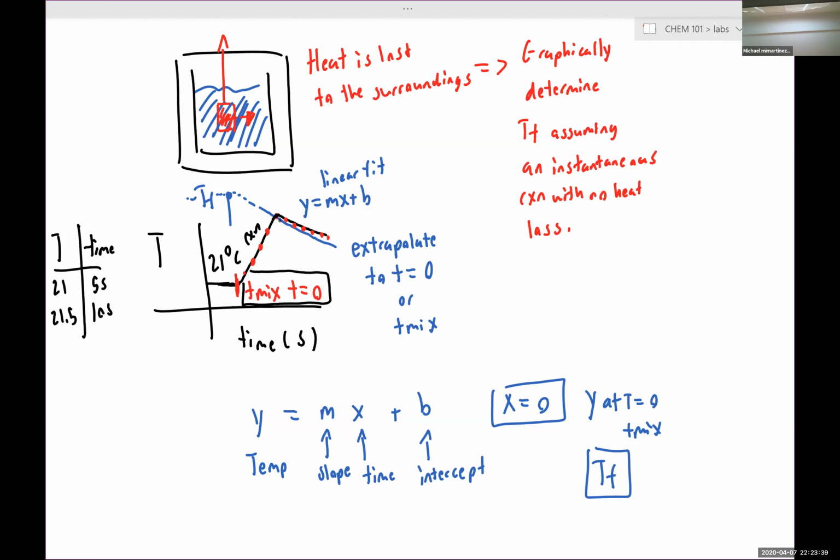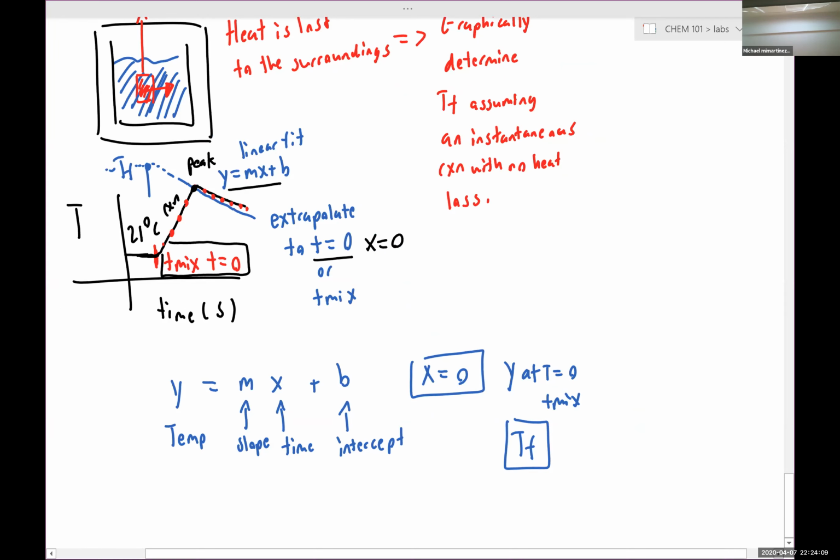Then, once you notice your temperature declining, or once you notice you're past your peak temperature, you're going to plot the data points after the peak and fit a linear fit of y equals mx plus b. Once you have the linear fit in place, you're going to plug in for time equals 0, which is x equals 0, and the temperature at time equals 0 is your temperature of instantaneous mixing, T final. So this is the temperature assuming no heat was lost to the surroundings and that the reaction exchanged its heat instantaneously.